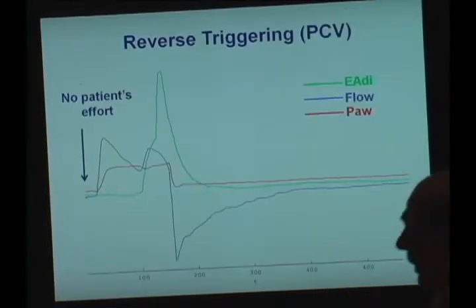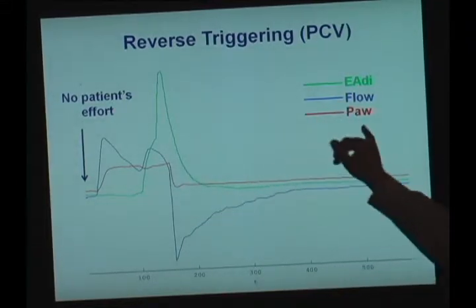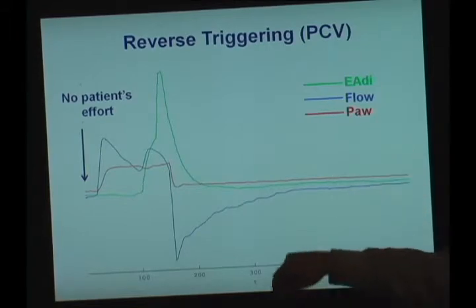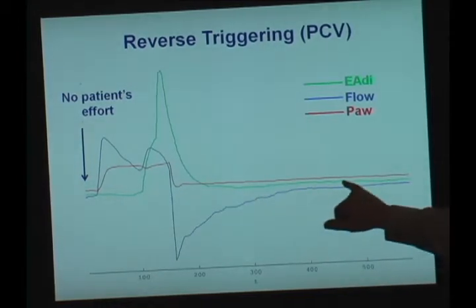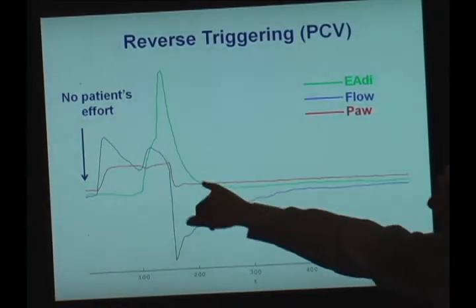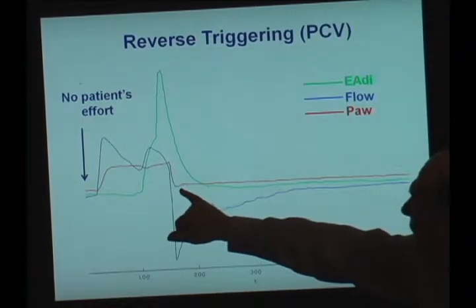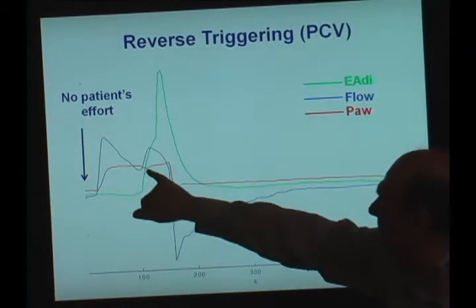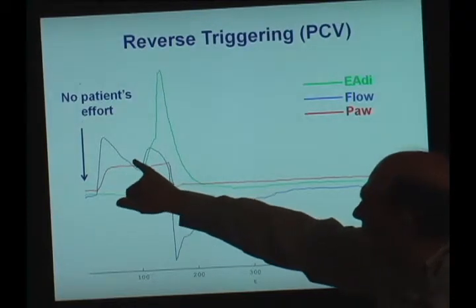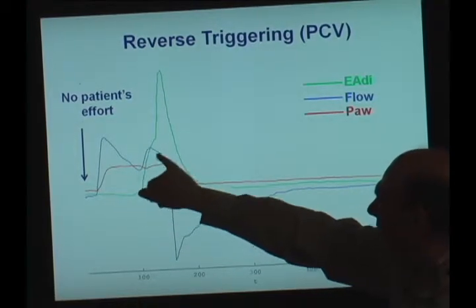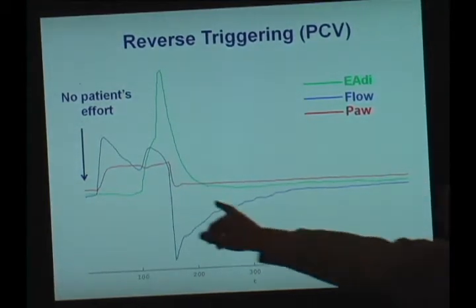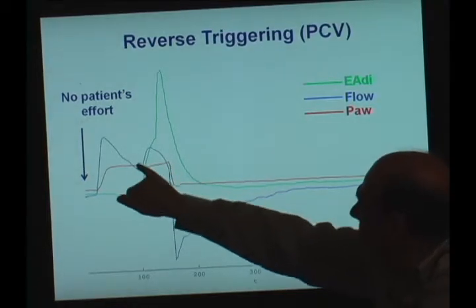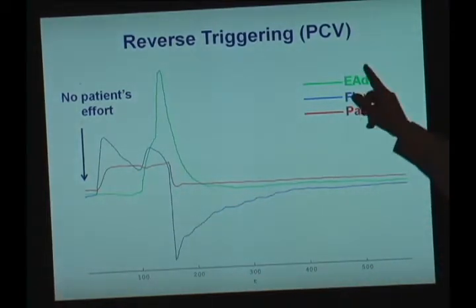In this case, this is our curve: EAdi, green, red, pressure and flow, no patient effort, and you can see how the patient has a big electrical activity inside the respiratory time and produces a particular different shape and slope in the flow curve, and just a little bit of shape in the pressure curve. We are in pressure control in this case.